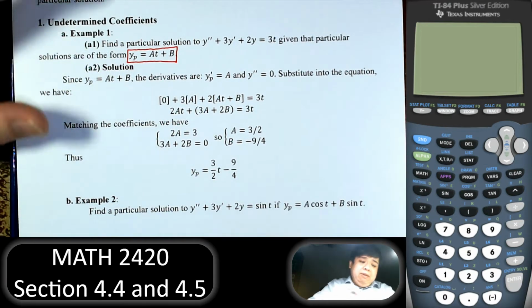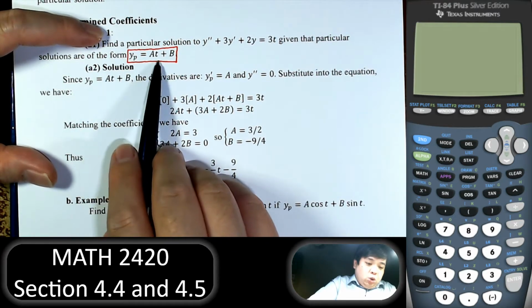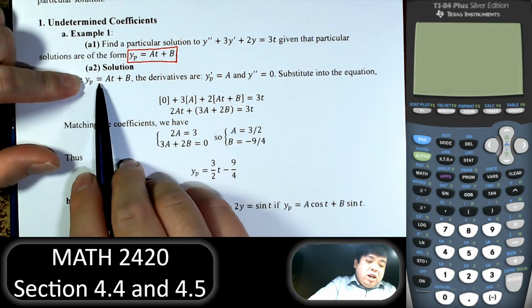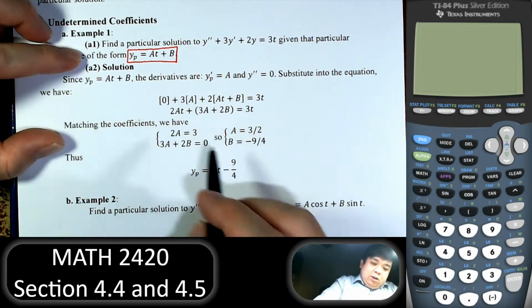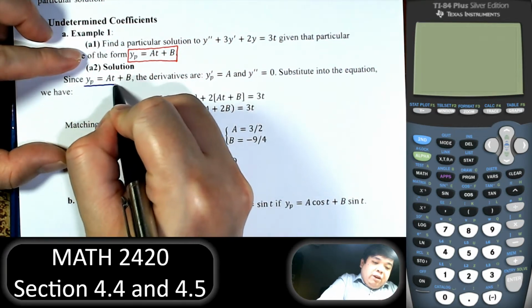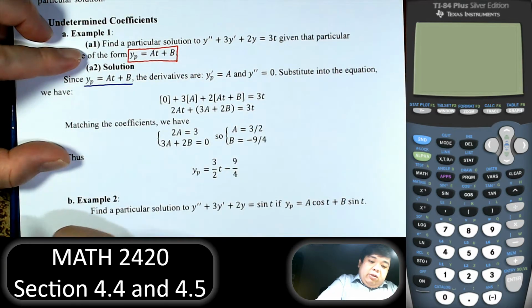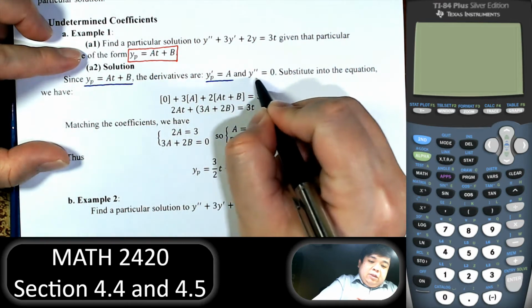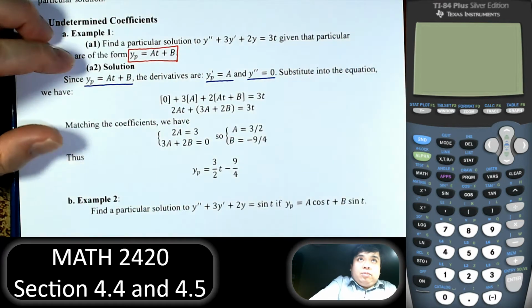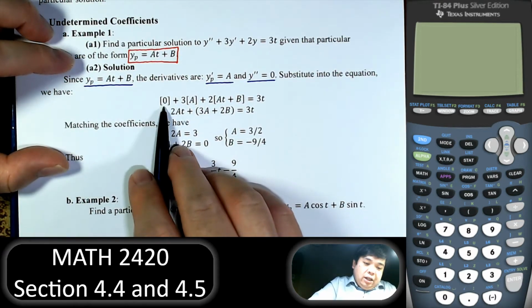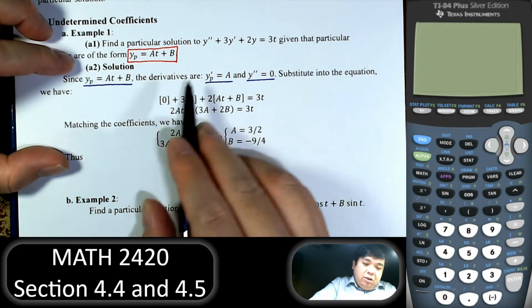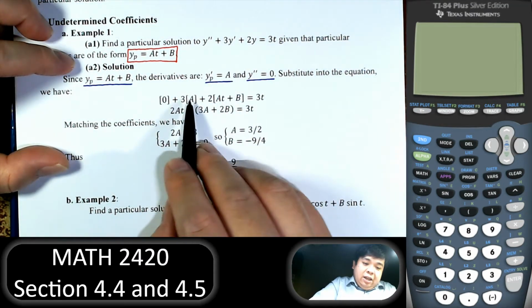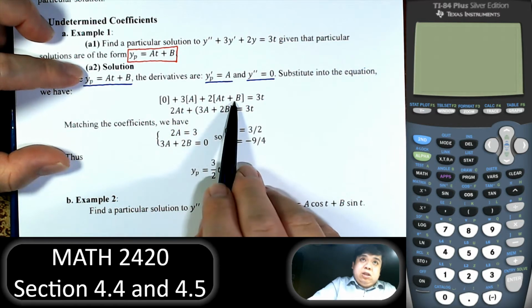Now, if it is given a solution like that, we take the derivative. So we have the function, take the derivative, and then the second derivative. Substitute in here. The second derivative is 0. The first derivative is a, and the function is at plus b.